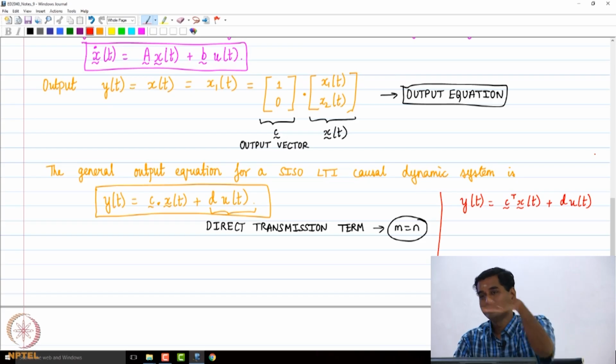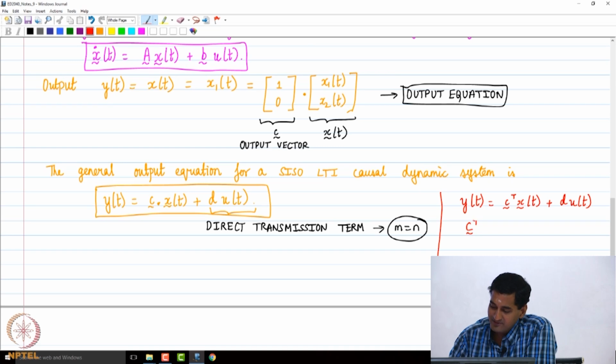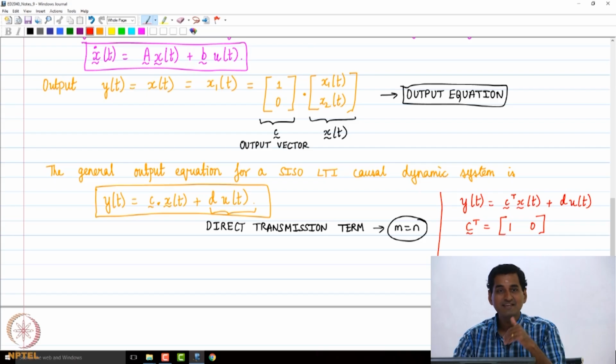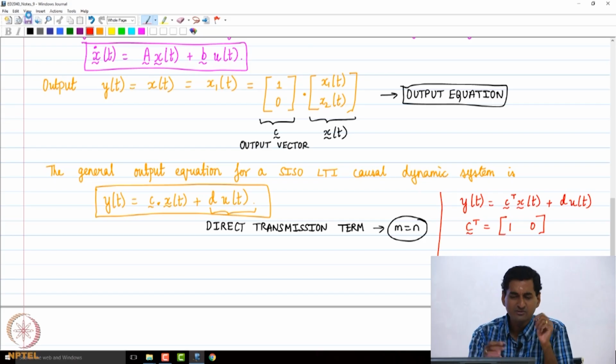You multiply a row with a column and then you get it. Okay, you are free to choose any notation that you want to follow. So if you chose that notation, you will have C transpose to be 1 0, rather than how I wrote it, with C as a column vector 1 0 and a dot product. If you want to follow the notation which is there in almost all textbooks for a SISO state space representation, you can also follow that.